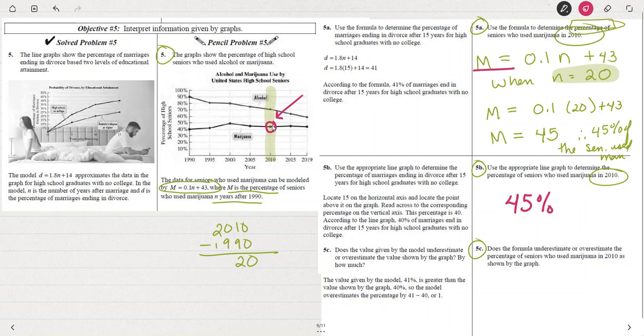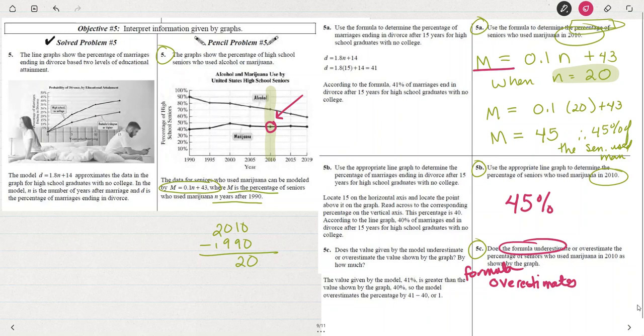My picture is so small here on the screen, it's hard for me to really see it, but if I have to guess, it looks like that point on the graph is slightly lower. The graph is slightly lower, so it looks like the formula overestimates. Just slightly. The formula slightly overestimates from the graph.